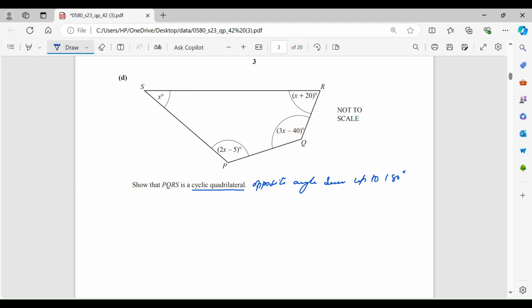So first let's find the value of x. Now x plus 2x minus 5 plus 3x minus 40 plus x plus 20 is equal to 360 degree, sum of angles in a quadrilateral.